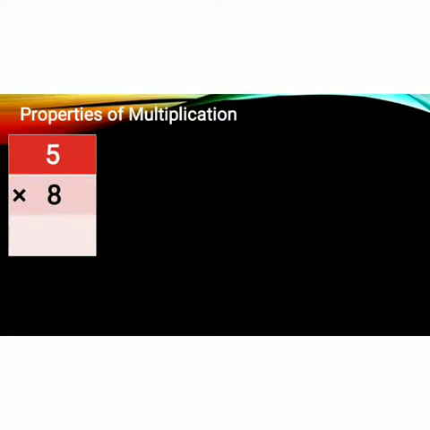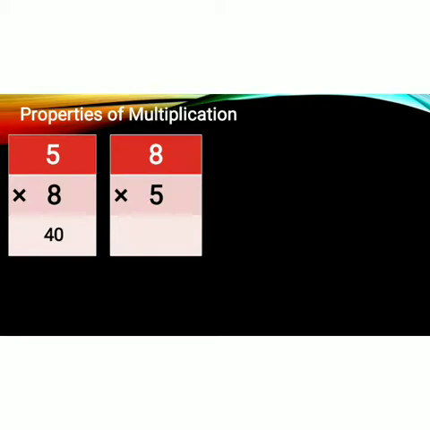Children, here some properties of multiplication are given. Listen carefully. Children, when we are multiplying two numbers like 5 multiplied by 8, the answer is 40. And again, in reverse order, if we place the numbers like 8 multiplied by 5, the answer is 40.